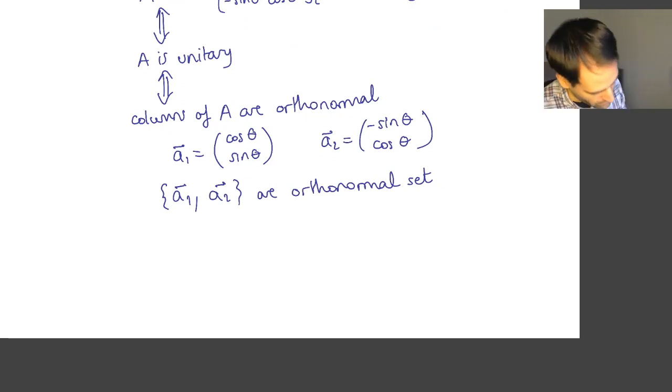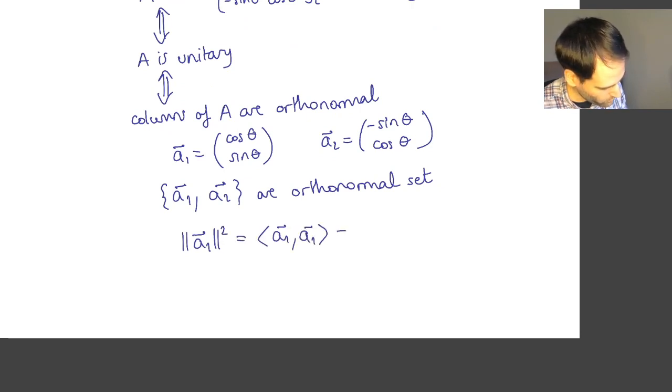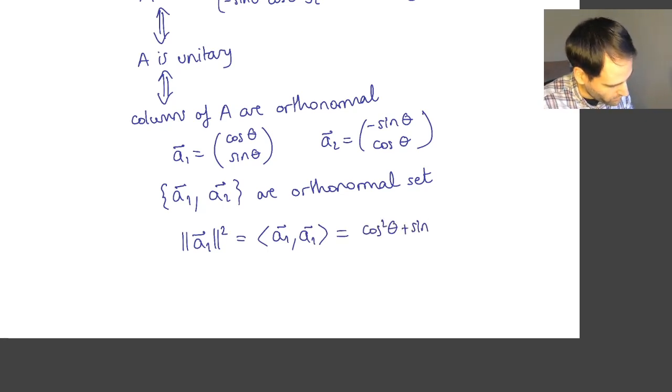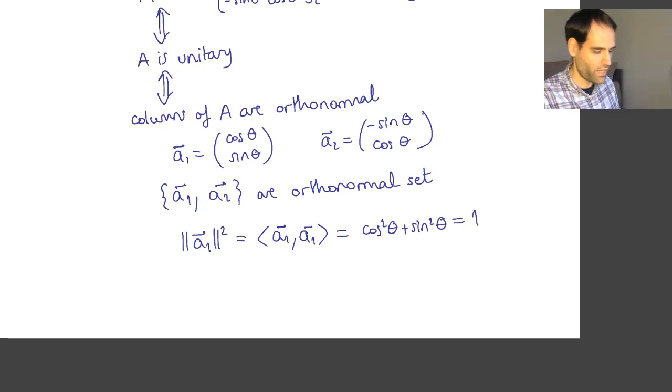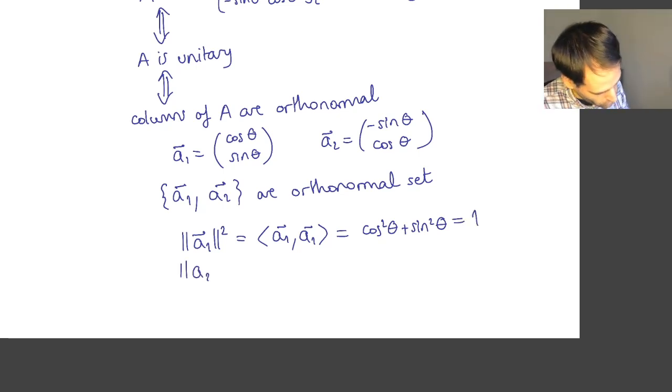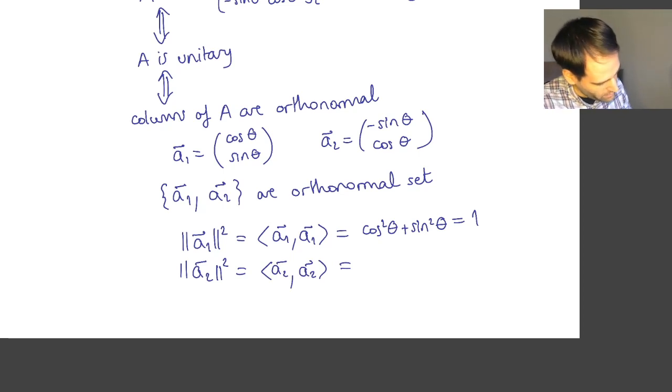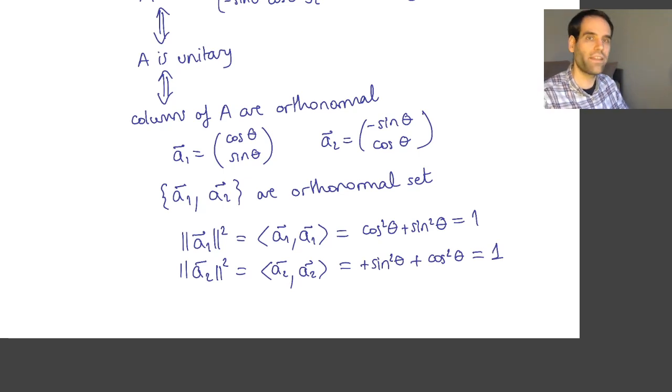The norm of A1 squared is the inner product of A1 with A1, which is cosine squared theta plus sine squared theta, which is equal to 1. So yes, it has unit length. Then A2 also has unit length. A2 inner product with A2 is minus sine times minus sine, that's plus sine squared theta, plus cosine times cosine, cosine squared theta, which also equals 1, by the trigonometric identity.